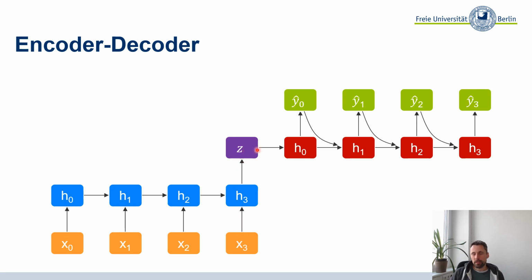And this hidden state then serves as this intermediary z, and will then be passed to a second RNN that will generate the output tokens, and each output token, as we saw, will condition the next time steps.